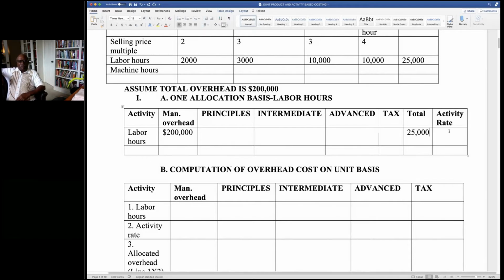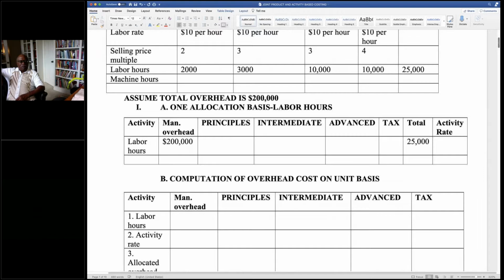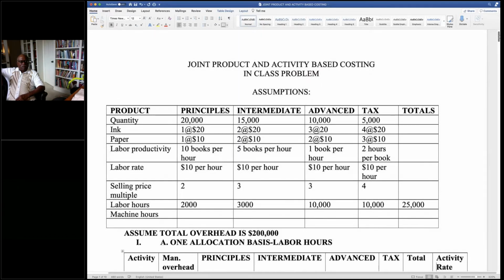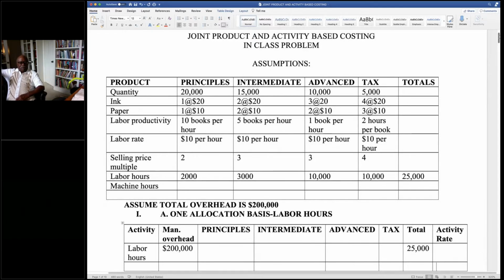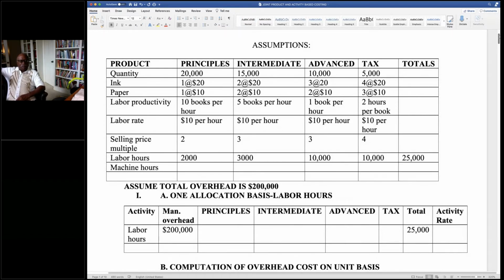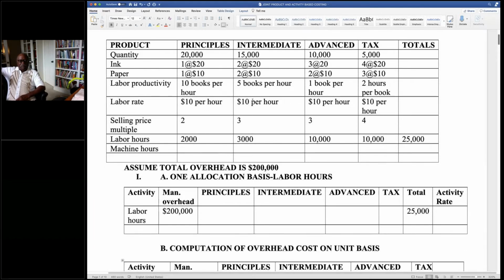And then we have to find out the activity rate. In order to find the activity rate, you have to divide. You divide the manufacturing overhead by the total. Bring all those labor hours down to the next stage.